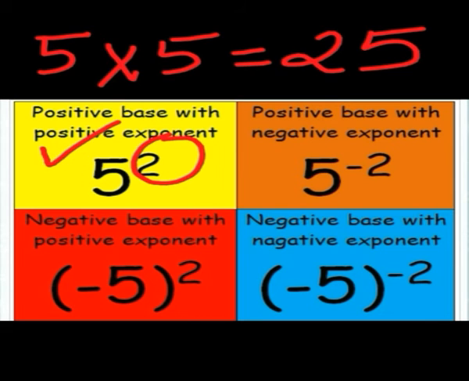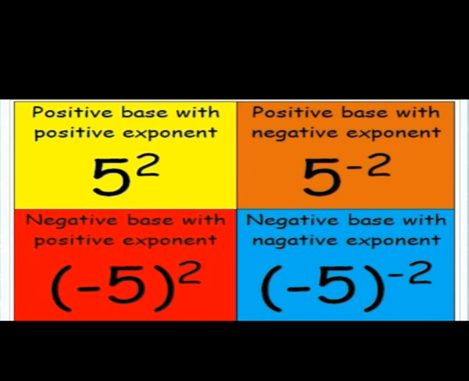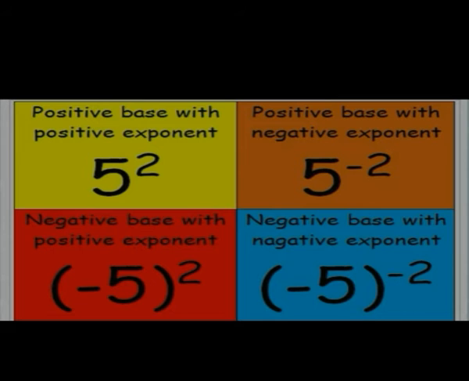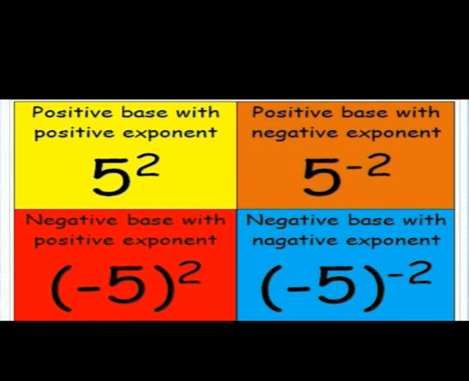Next is 5 to the power minus 2. Now how are you going to solve 5 to the power minus 2? Well, the exponent here is negative. Now what we have studied, a negative exponent is first converted into positive.